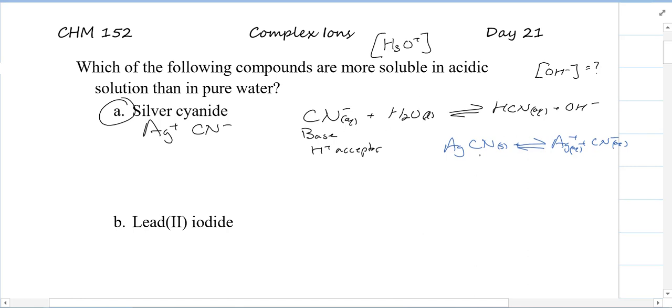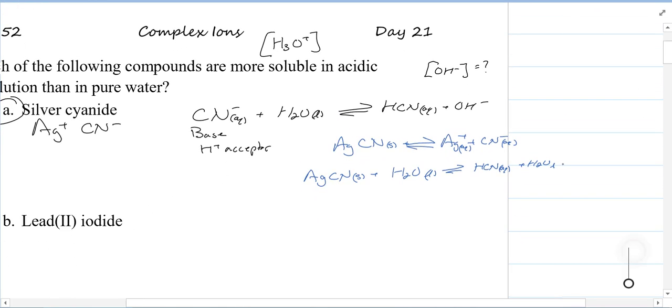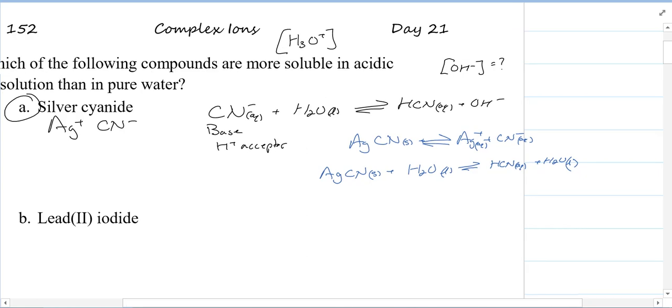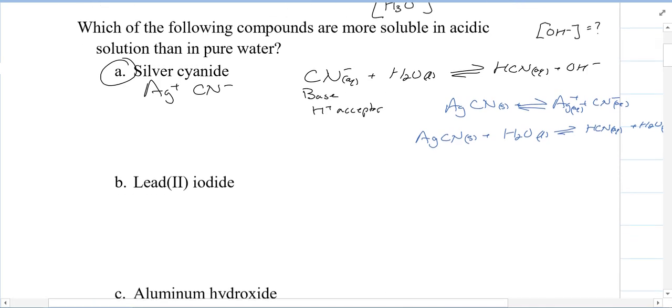So the black plus the blue gives me AgCN solid plus water going to HCN and H2O. So A is more soluble in acid.